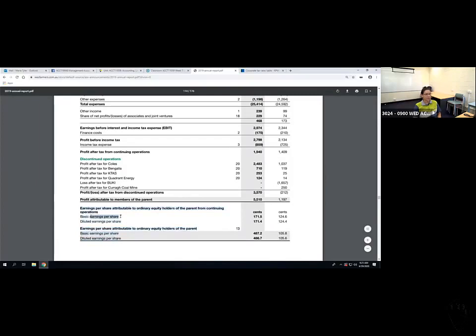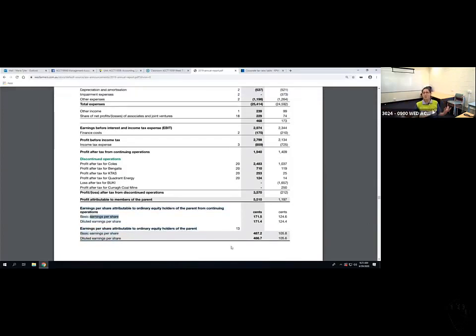The actual metric itself, the earnings per share, is so widely accepted and talked about in the business world. So just being able to understand what's basic and what's diluted. The fact that shares do come with options to create more shares in the future. They're the key concepts that we'd like you to get out from today. Well, they're the key concepts I would like you to take out from today anyway.